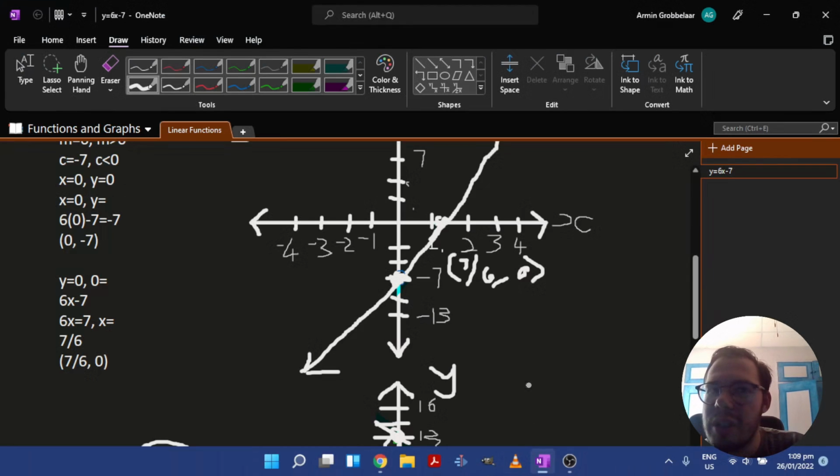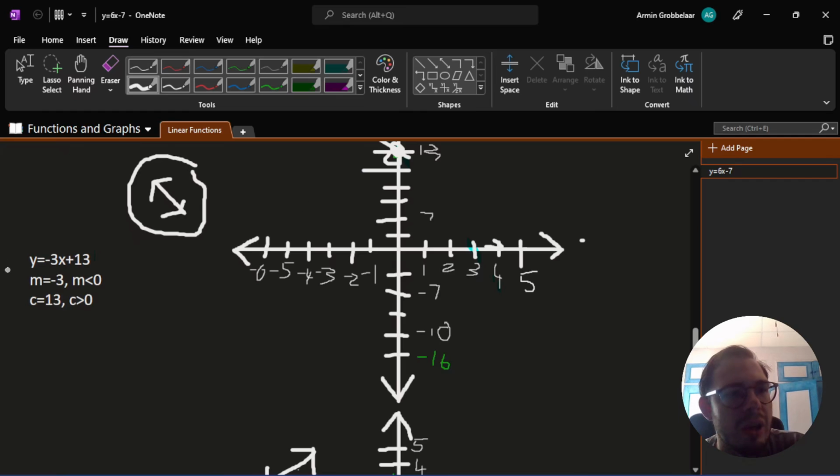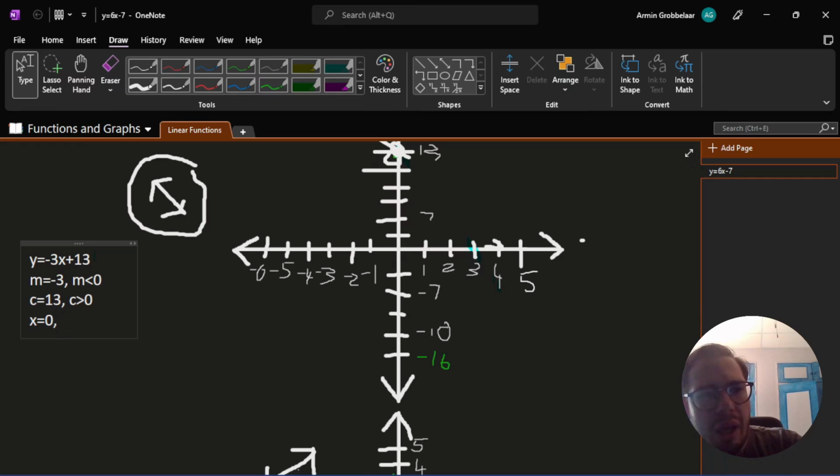So now I'm going to draw the second one. The second one is minus 3x plus 13. So let's begin. We need 2 points. We need one where x is equal to 0 and one where y is equal to 0. The first one is quite easy, x equal to 0.